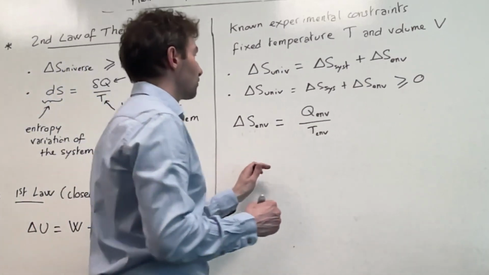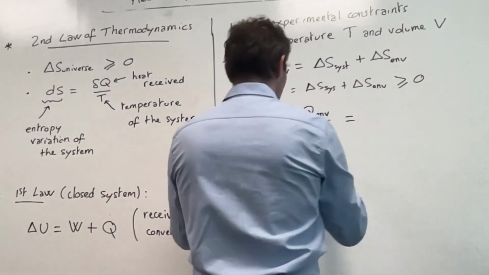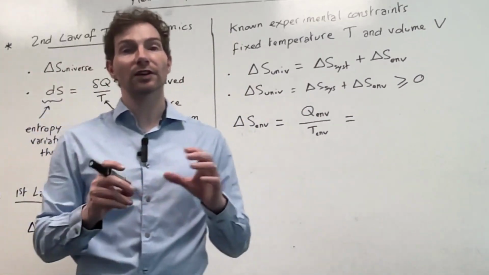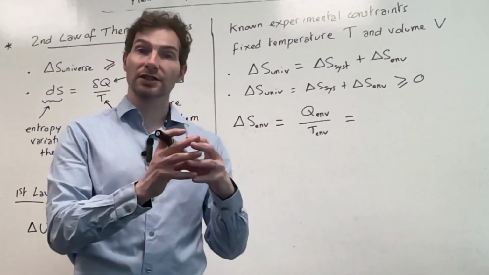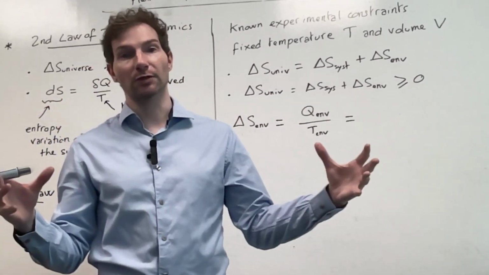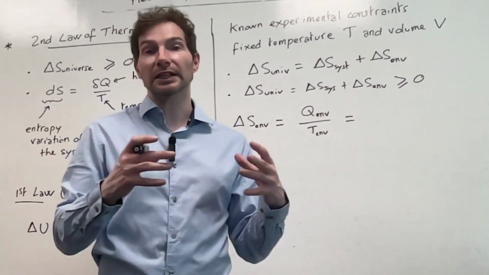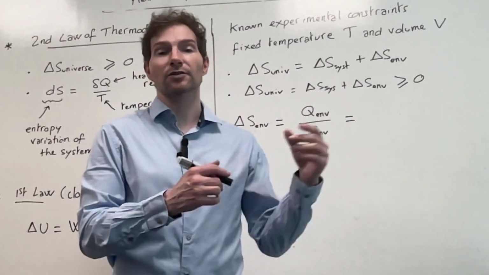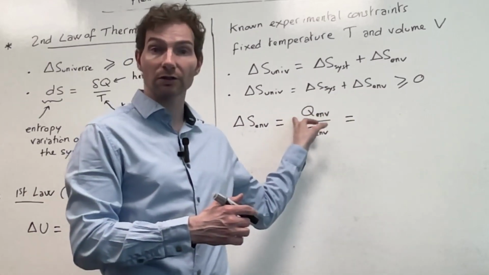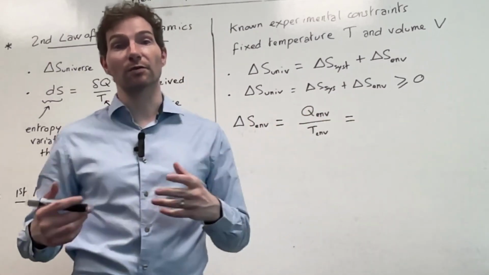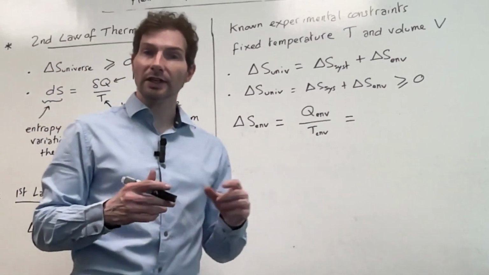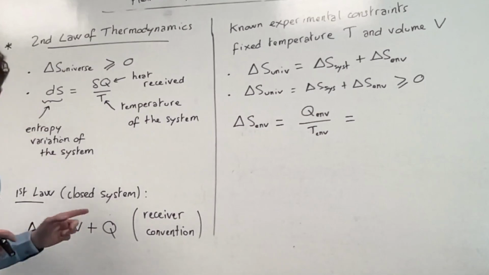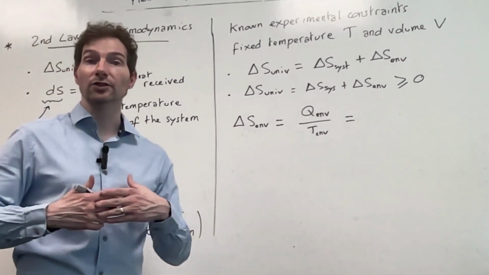But then, the heat that is received by the environment, if the only thing you have in your universe is a system and its environment, can only come from the system itself. So it's something additional to basically the first law. It has simply to do with where the heat comes from.